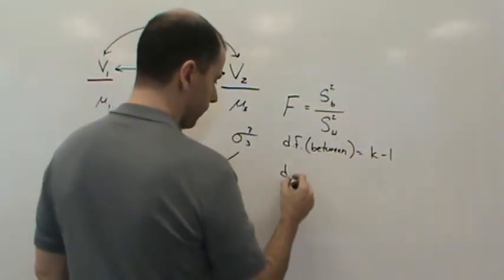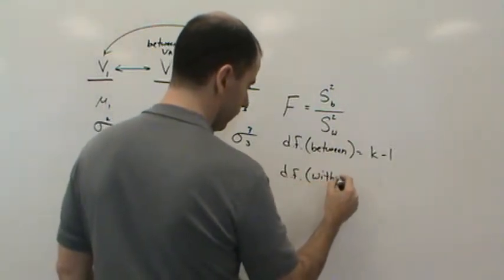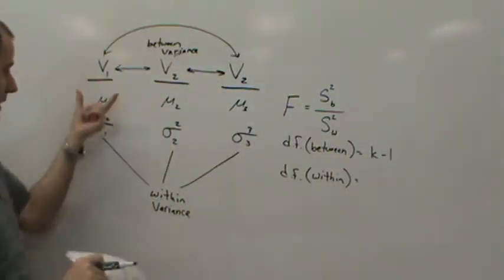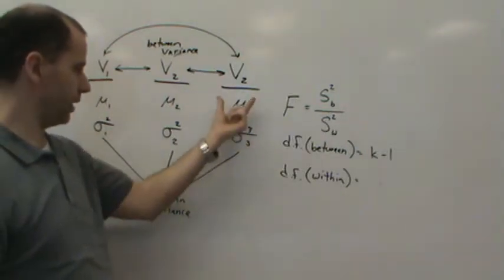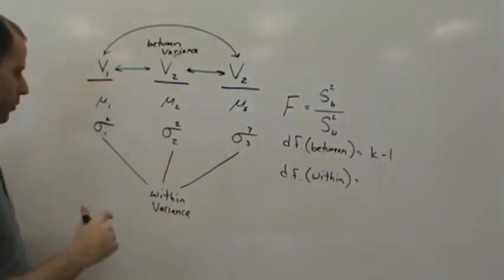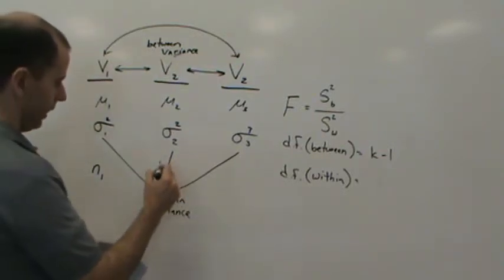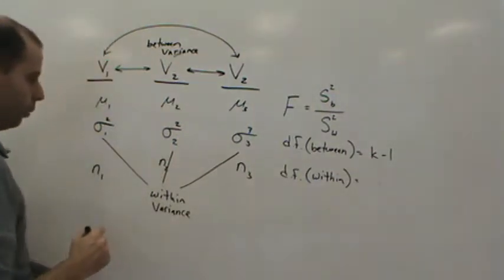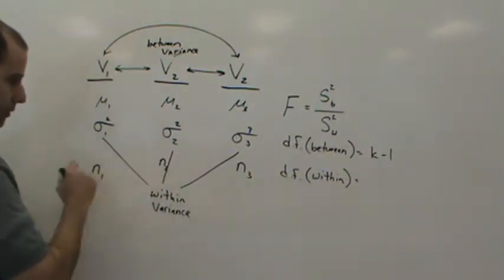Well, the degrees of freedom for within, that's going to be, because again, we're going to have a sample for this population, a sample for this population, and a sample for this one. So we're going to have an N1, an N2, and an N3. Well, what we're going to do is sum up all of these N's, okay?